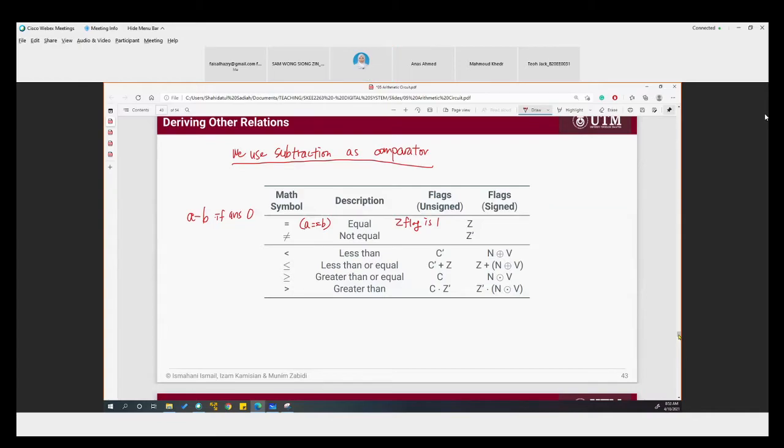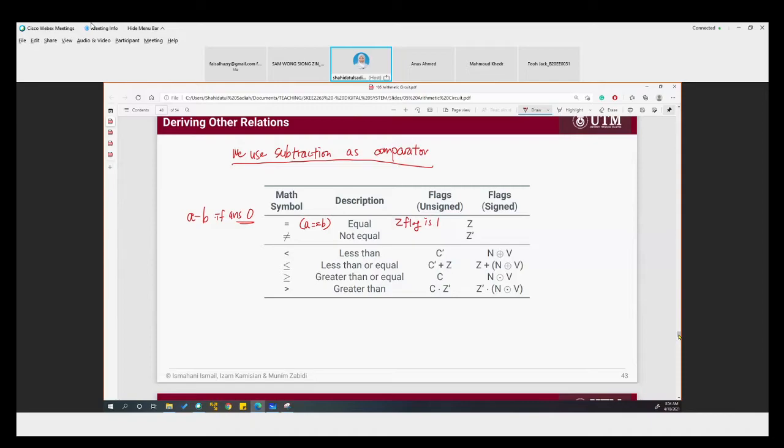So instead of checking the answer, which is probably a number of bits, if this is a 4-bit calculation, we have 4 bits, we only have to check the Z bit. So it reduces the checking time. If we want to check this condition, we can check the Z flag.